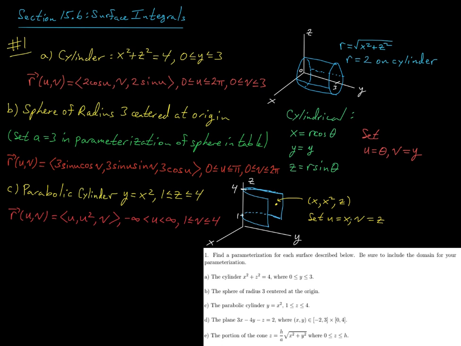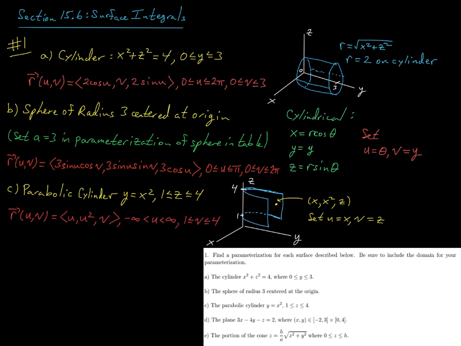So if I set u equal to x and v equal to z, I get the parameterization u, u squared, v, where u, just being x, can take on any value it likes, and v, being z, is bounded from 1 to 4.